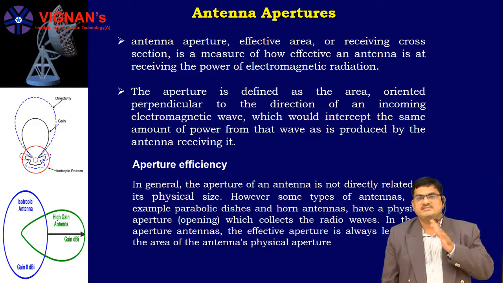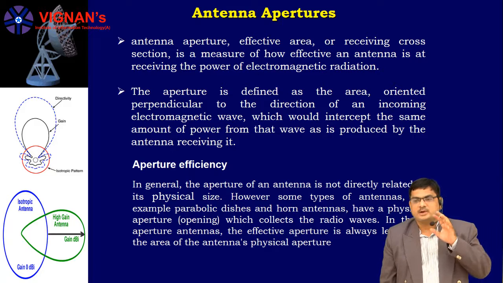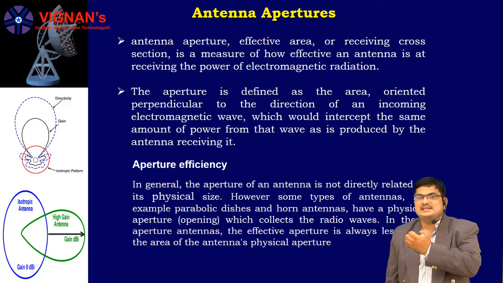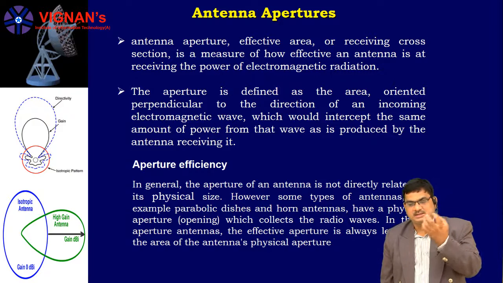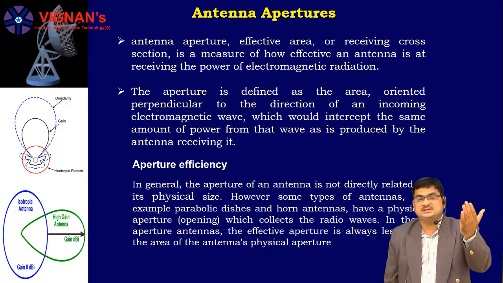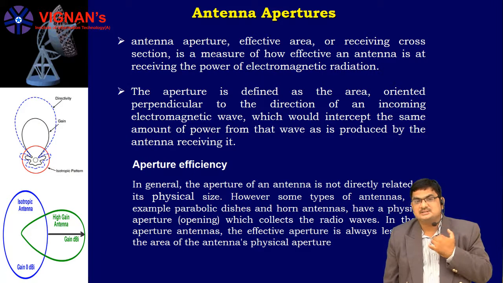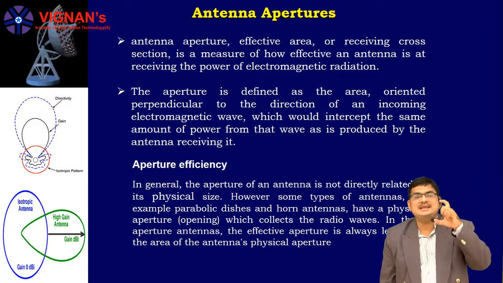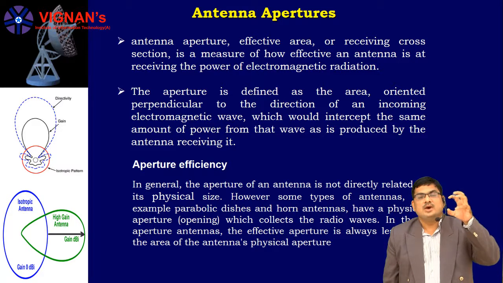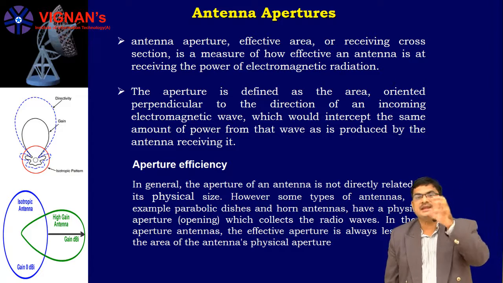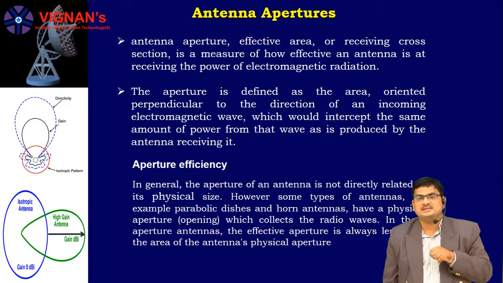It measures how your antenna is affected when it receives electromagnetic power from the transmitting side. How much area of your total structure is affected by the radiation, that area is called the effective area.